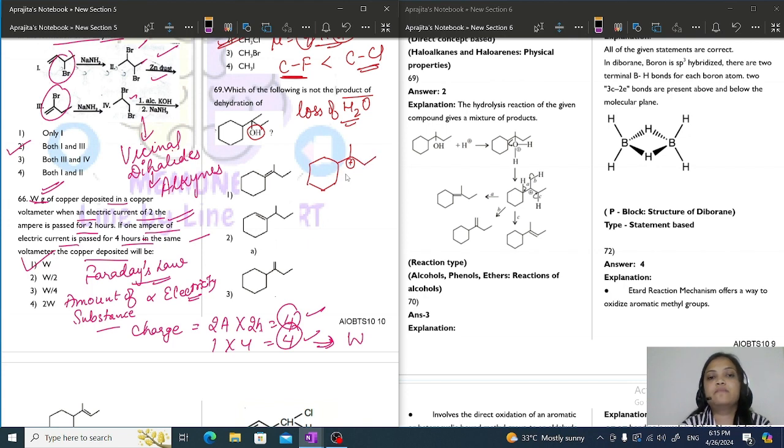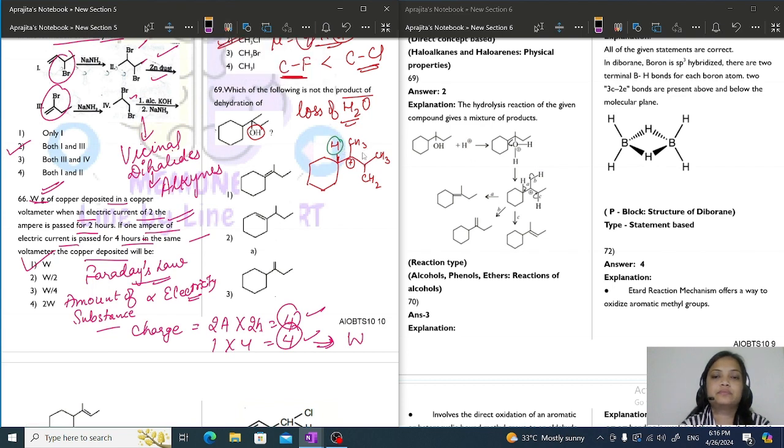Now the loss of hydrogen can happen in 3 ways. This is a methyl group attached here and there is CH2. Here also one hydrogen is there, and here also one hydrogen is there. Now you can see the adjacent hydrogens are this one. This hydrogen can be removed.